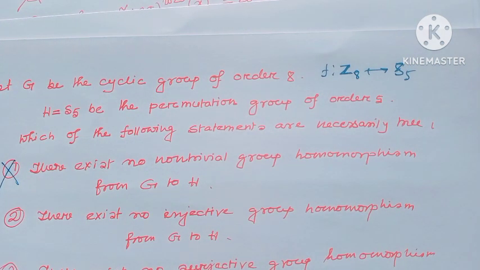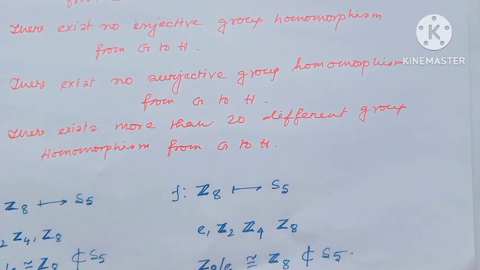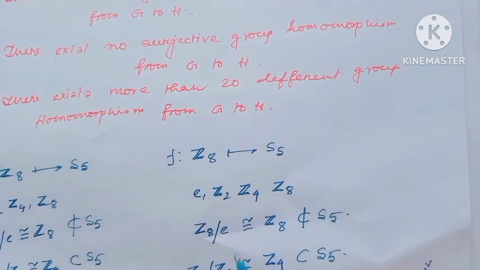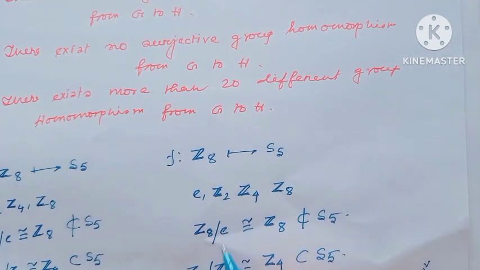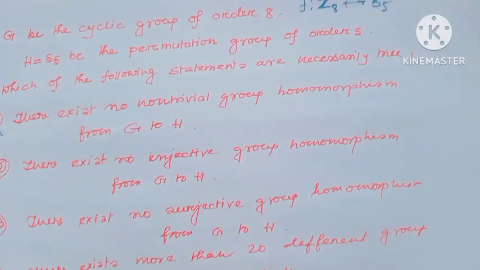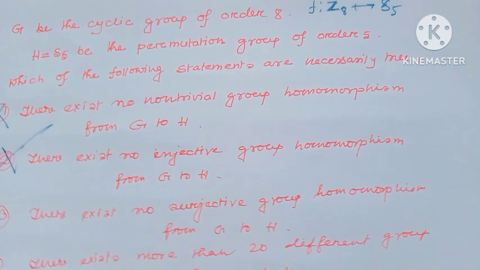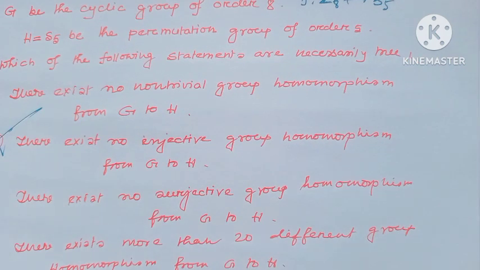Option 2, there exists no injective group homomorphism, is right, because when injective, the kernel would be the identity. When the kernel is the identity, this is isomorphic to Z8, and Z8 is not a subgroup of S5. So there exists no injective homomorphism. This is true.